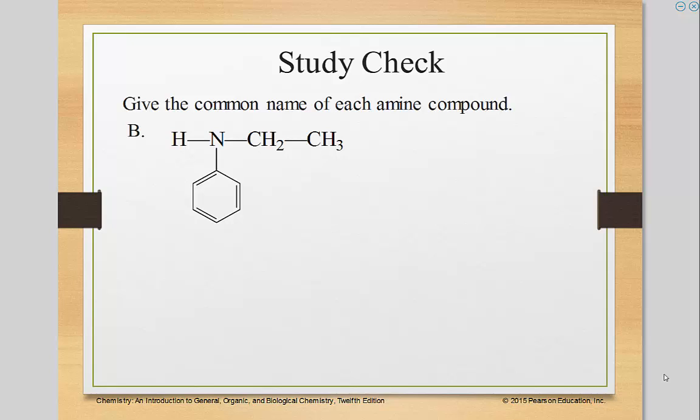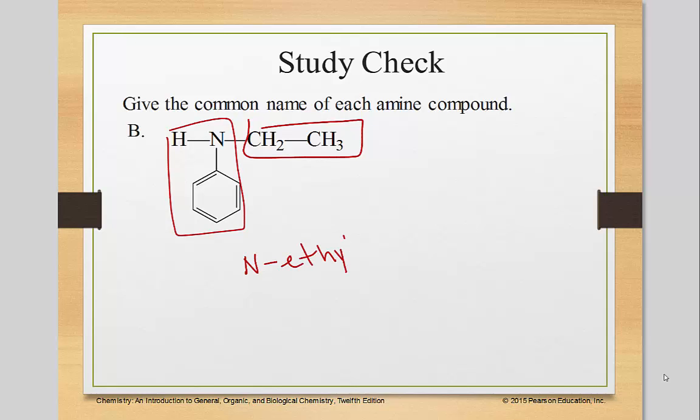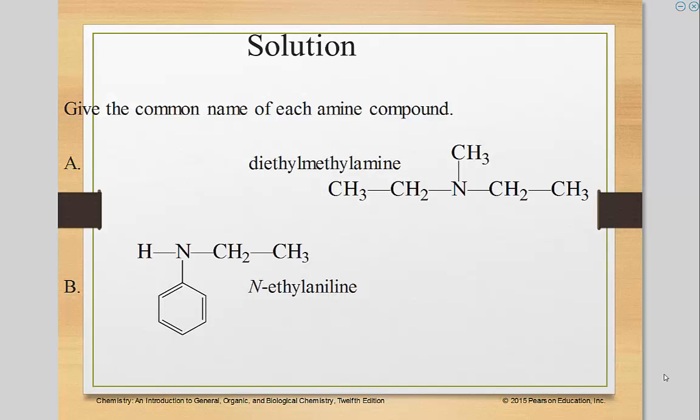Here we have the aniline group, and this is ethyl. So I put an N in front of that to tell people that it's coming off the nitrogen. So N-ethylaniline. Right there.